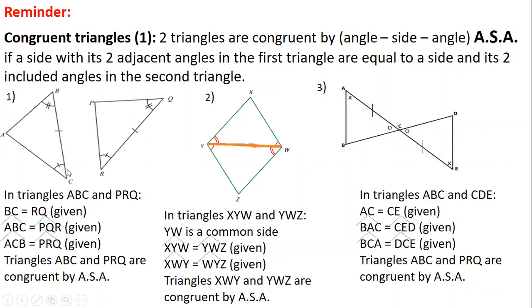Yes, Zainab, continue. On side BC, can you name an angle on side BC, Zainab? ABC. Angle ABC is equal to which angle in triangle PRQ? PQR. Yes, PQR, right, Zainab, because they are marked the same. Also, which angle do you have on BC?